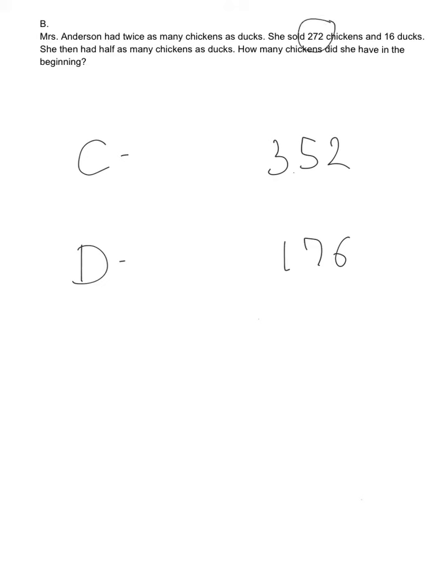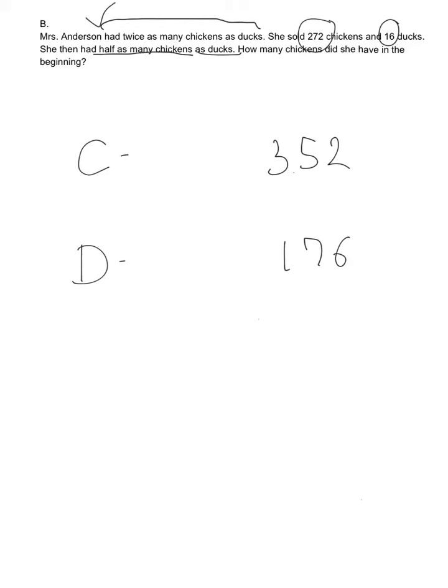After I sell my 272 chickens and I sell my 16 ducks, I should have half as many chickens as ducks. And actually, before we even do that part, do I have right now twice as many chickens as ducks? Well, 352, 176. 176 times 2 is indeed 352. So I do indeed have twice as many chickens as ducks right now. Clue 1, taken care of.